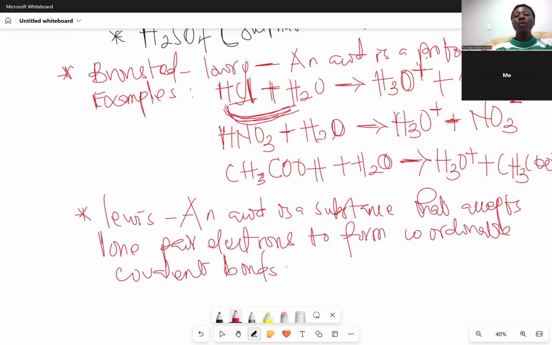Okay, but when we talk of covalent bonds, it's bond sharing. You have this number of electrons, I need 8 for my outermost shell to be full. Then come and join yourself to me so that we share.